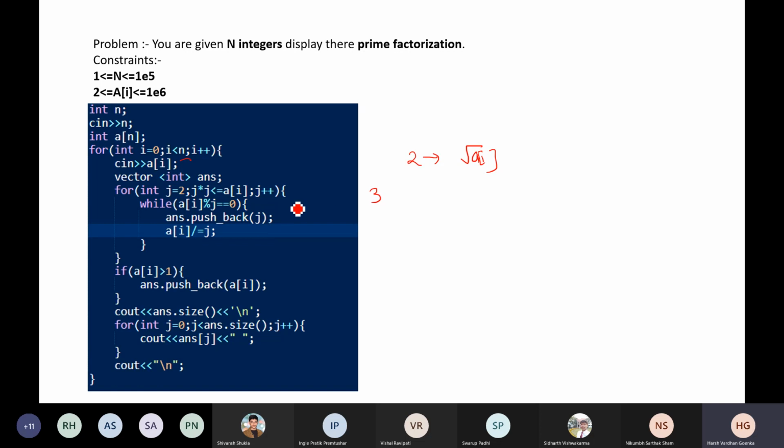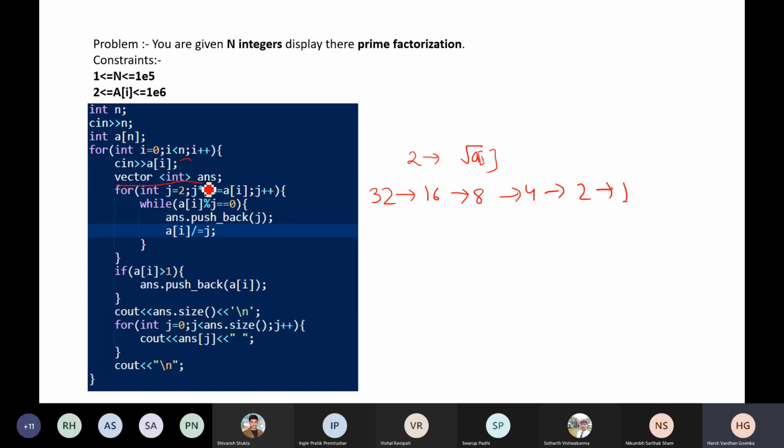Like for 32, this loop will run: 32 is divisible by 2, then it will move to 16, then 8, then 4, then 2, then 1. And I'll be pushing my prime factors into a vector which I have declared.